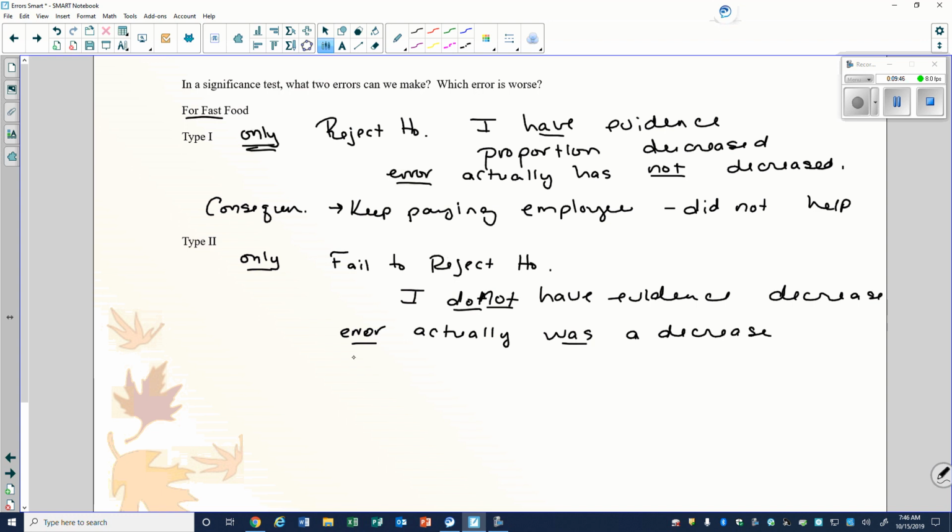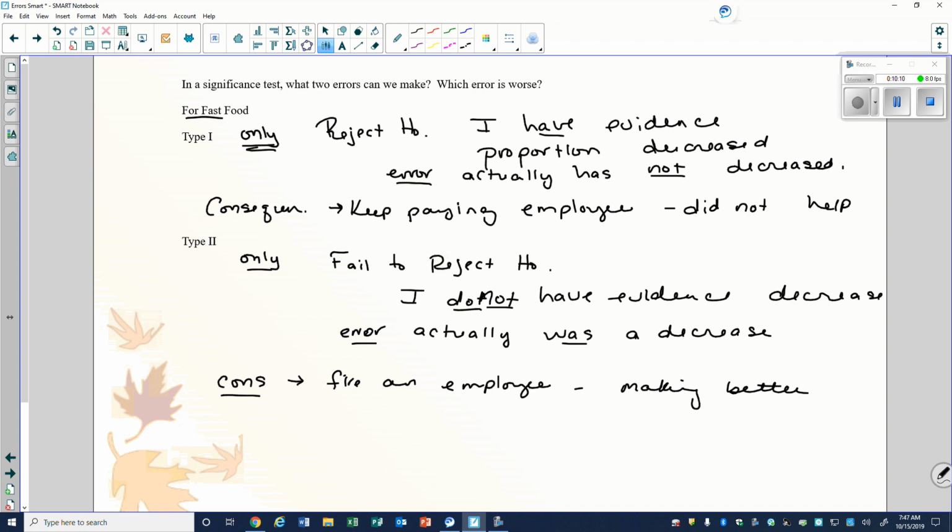Okay, so if I make this error, then the consequence of that action is I'm saying it did not decrease, when it actually had. So I'm going to think this employee hasn't really helped at all. So I'm going to fire an employee that was actually making things better for my company.